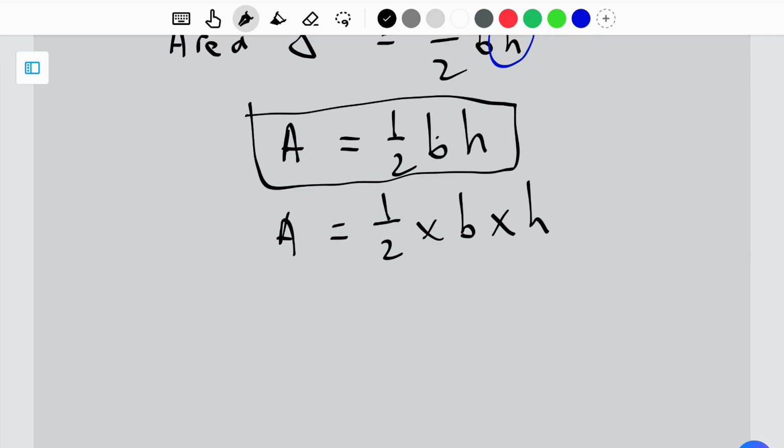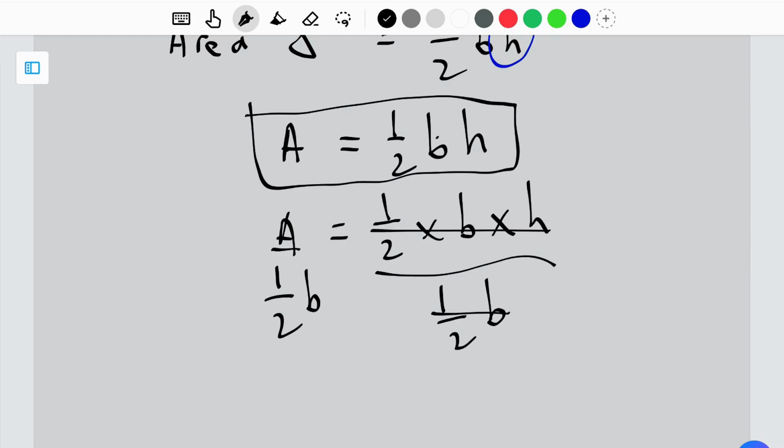We can divide both sides of the equation by a half base. So this whole thing is going to cancel: a half base on the denominator and a half base on the numerator.